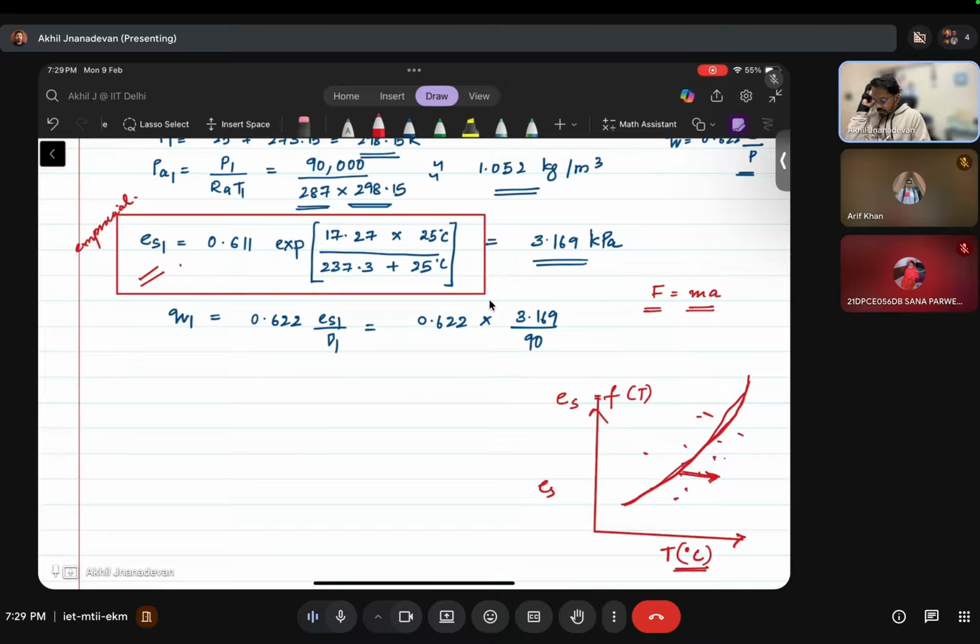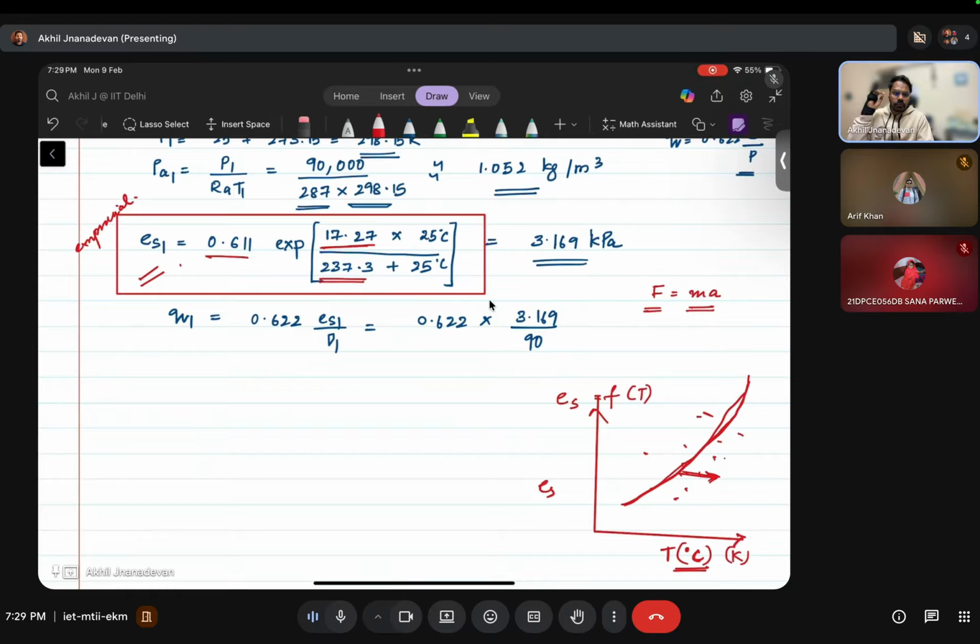That's why he got the constants 17.27 and 237.3 and so on. If he had used Kelvin while deriving, there would be other values for these constants. 0.6111 would have some different value, and 17.27 would have some other value. So it all depends on what that researcher used to derive this relation. This empirical equation is derived using degree Celsius as temperature, so we have to substitute it in degree Celsius, right?